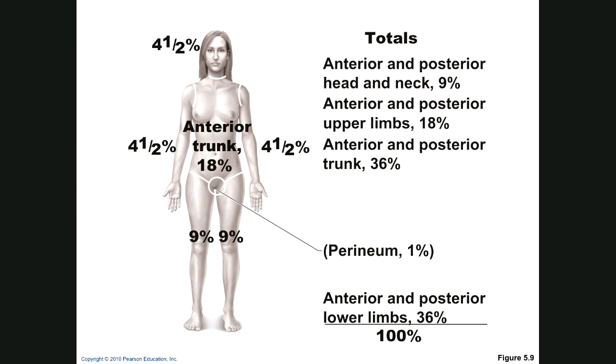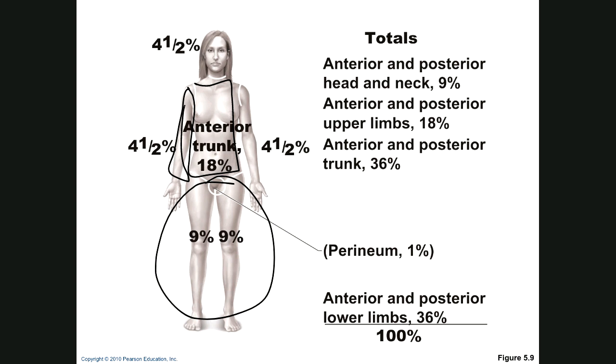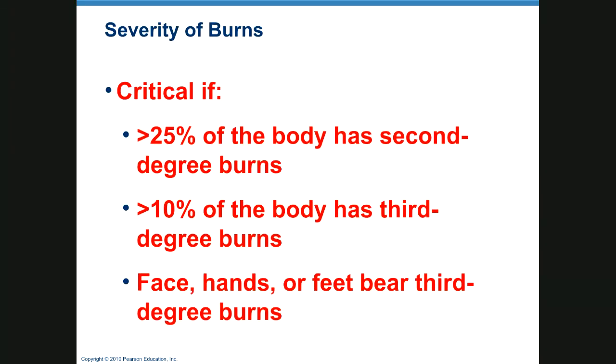So more than 25% would be pretty much the entire trunk, plus maybe some of the upper limb, for example. Or both legs, for example, would be more than 25%. So that would be a second-degree burn that, because it's so extensive, represents a critical burn.